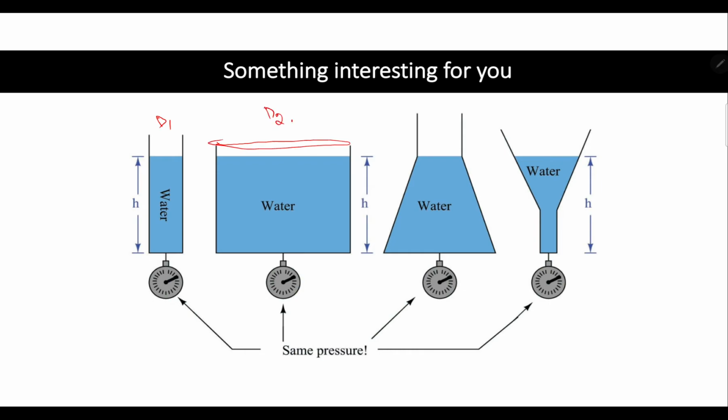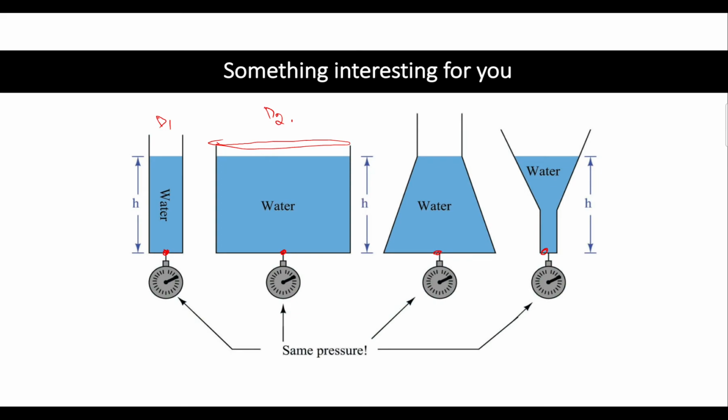And then there is a beaker of a different shape, and then there is a funnel of different shape. So if I calculate the pressure at each of these points, everyone would usually assume that the pressure would be different. That is what my friend told me today as well. When I asked her what she thought the pressures would be, she was like, of course it's going to be different, the shapes are all different.